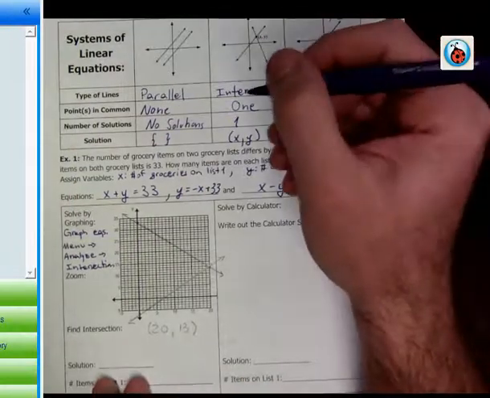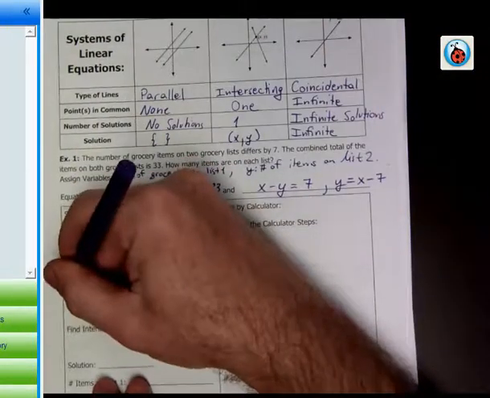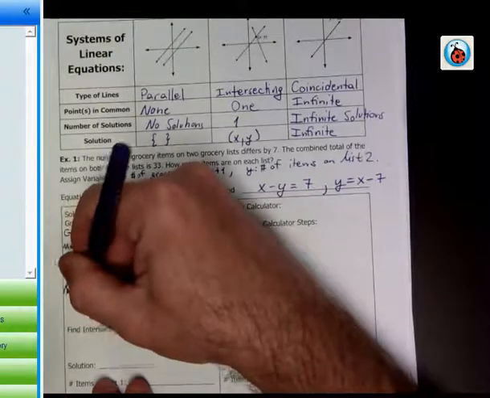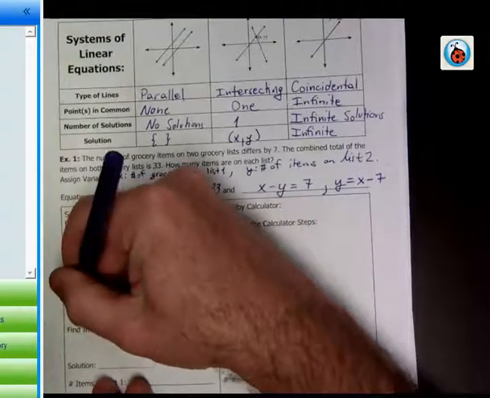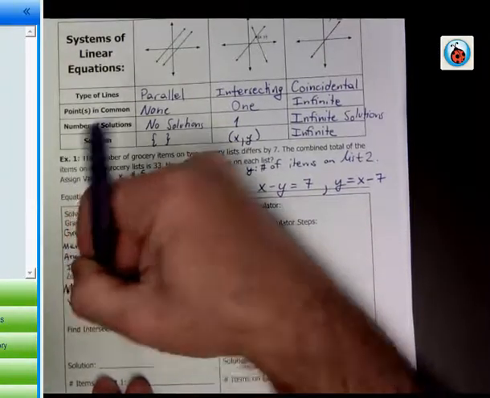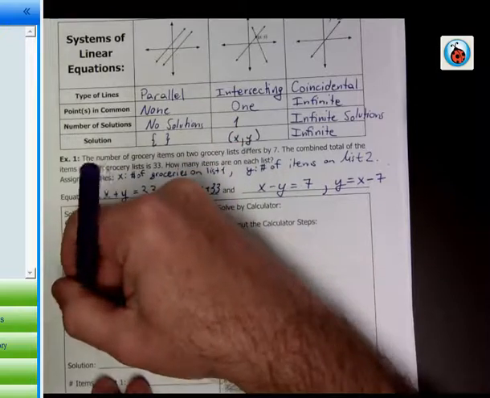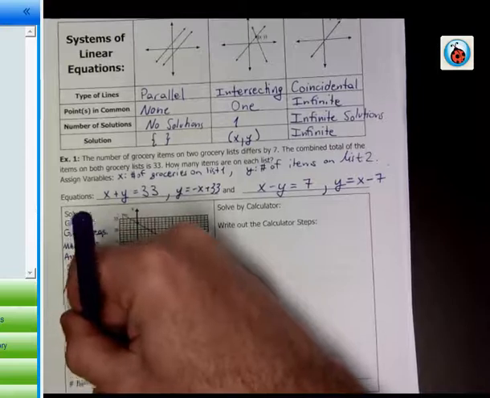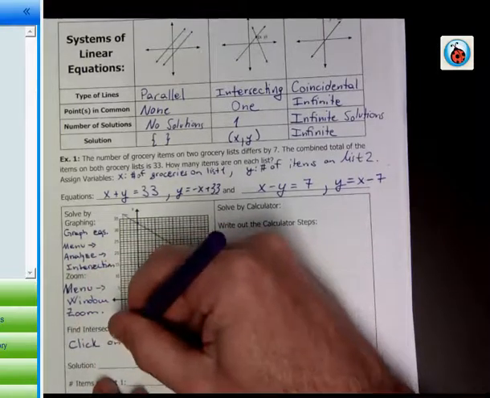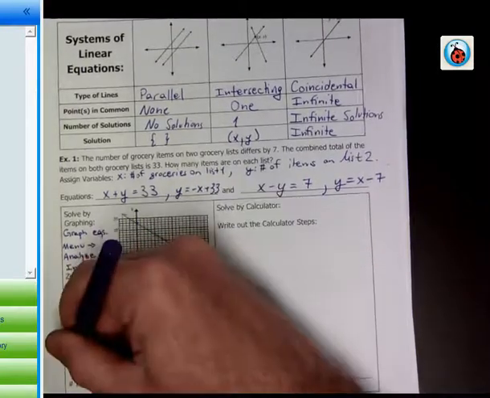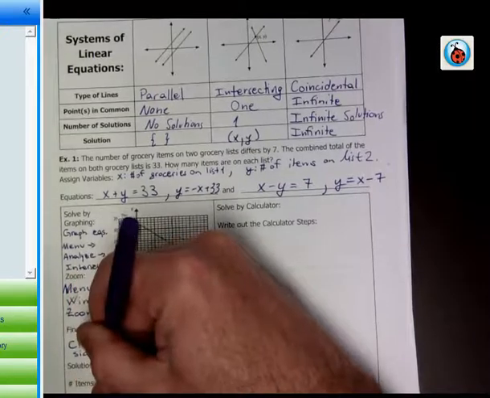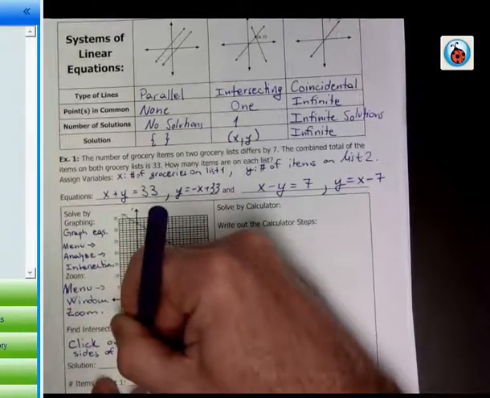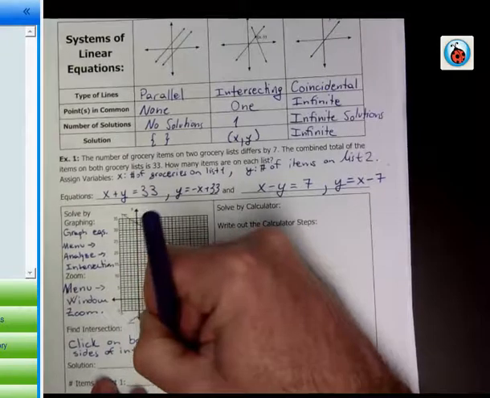To zoom in, it's Menu, Window Zoom. To find intersection, you need to click on both sides of the intersection. And we'll do another example in the calculator so you can follow along.